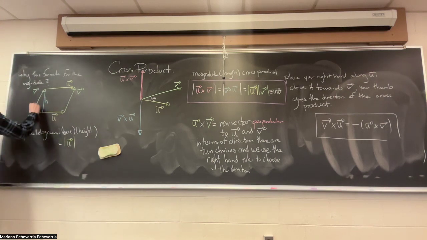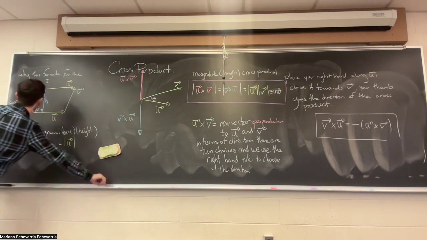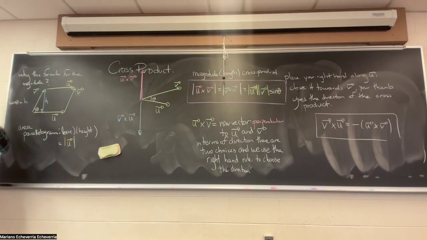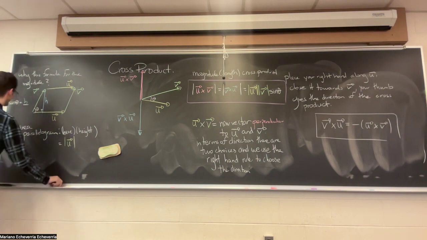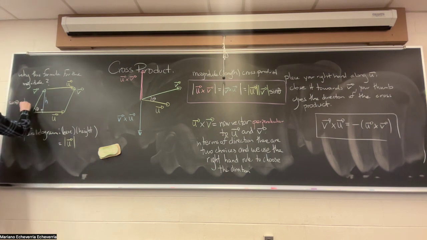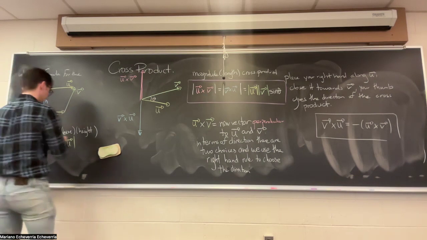If you call theta this angle, there's a right triangle here. You can see that sine of theta is just h divided by the hypotenuse. And that gives you the formula for h, which is just the length of v times sine of theta.